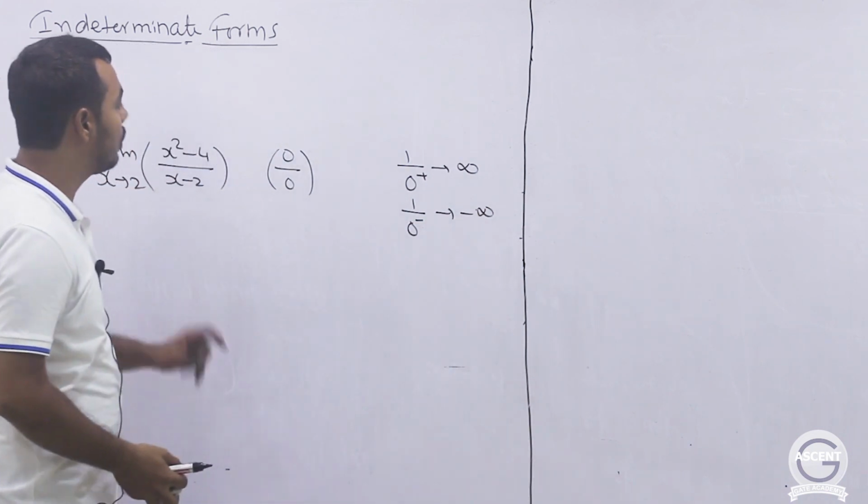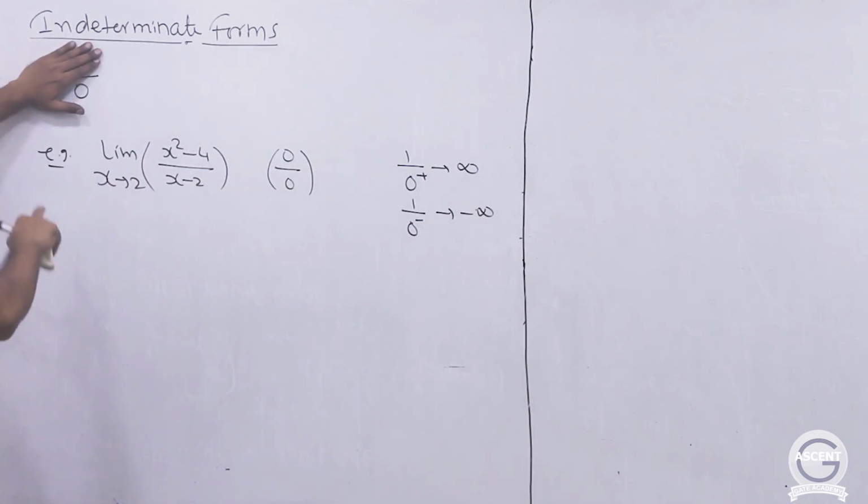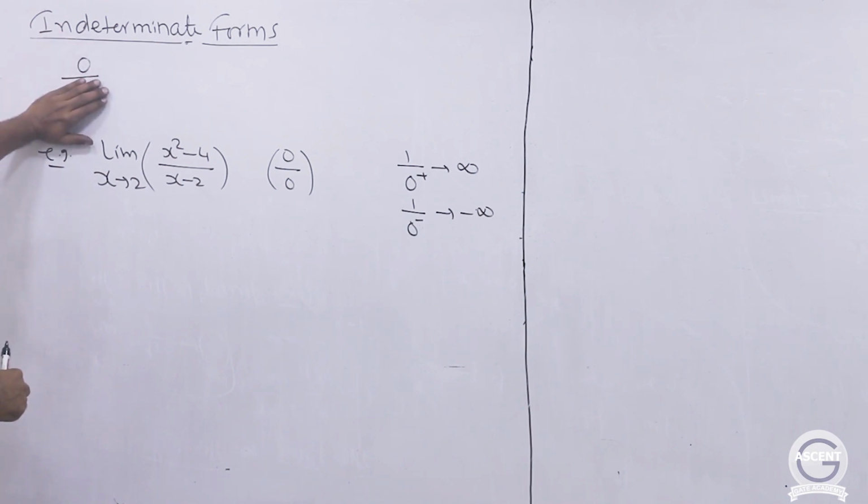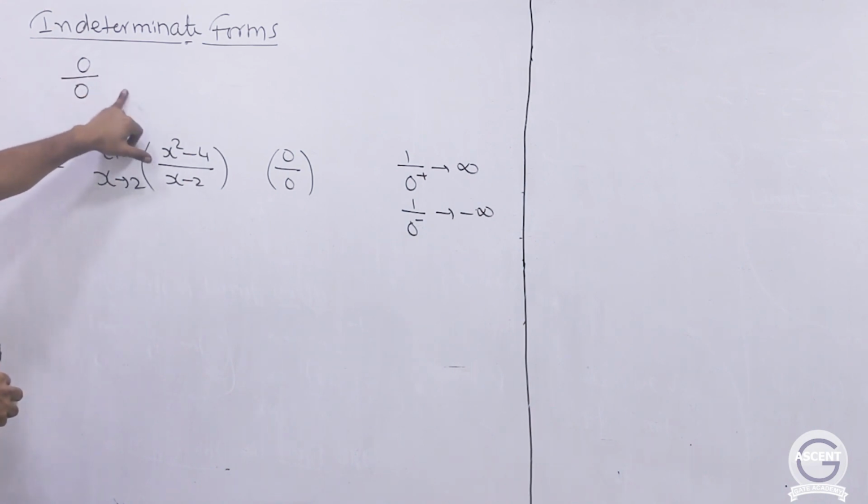So if you see the denominator only, this fraction should be either plus infinity or minus infinity, depending on whether the numerator is positive or negative. And if you see the numerator only, this fraction should be 0. Therefore this form is called indeterminate, because the numerator and denominator give us different values for the fraction.